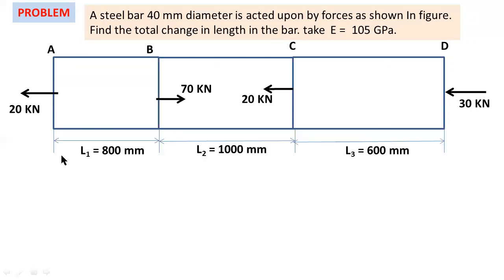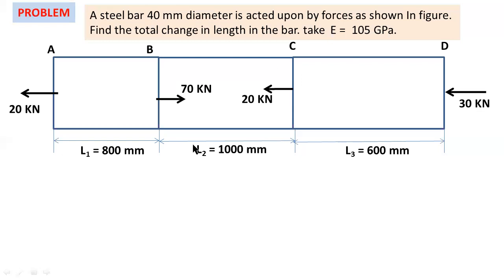L1, L2, L3 are the original lengths. L1 is the length of bar AB, L2 is the length of bar BC, L3 is the length of bar CD. These three are in mm, the loads are in kilonewtons, and the lengths are in mm.